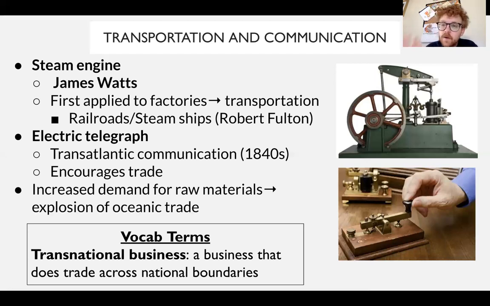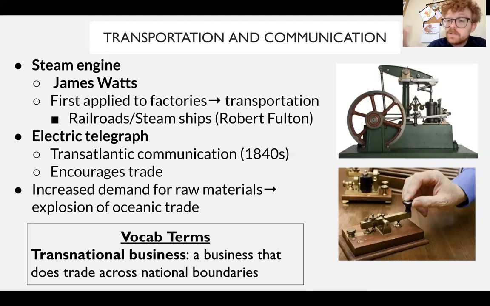And similarly, we will see developments in communication, especially at first with the electric telegraph. The telegraph allows for long distance, very quick communication. So the telegraph is going to be instrumental in transnational, international business. We're going to see the first Atlantic telegraph line being laid in the 1840s.